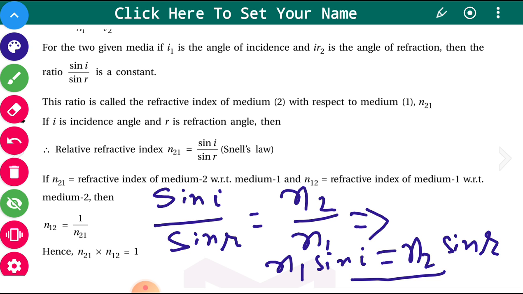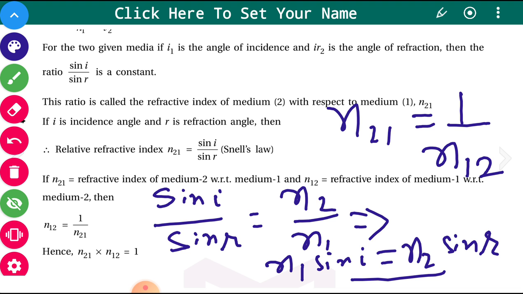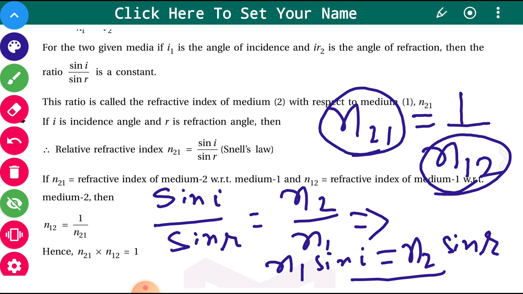This is a new form of Snell's law. And as you know, n21 and n12 are inverses of each other. So the refractive index of 2 with respect to 1 is the inverse of the refractive index of 1 with respect to 2. So if you multiply these two, n21 and n12, naturally that is going to give you the answer 1.